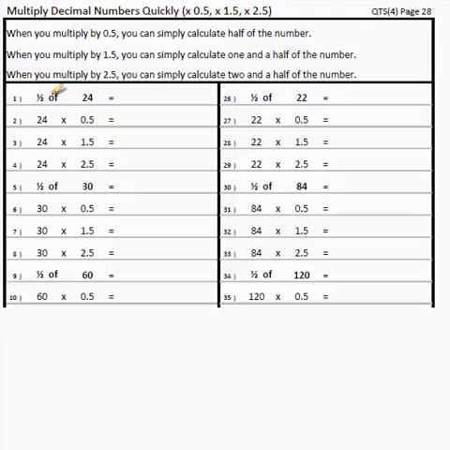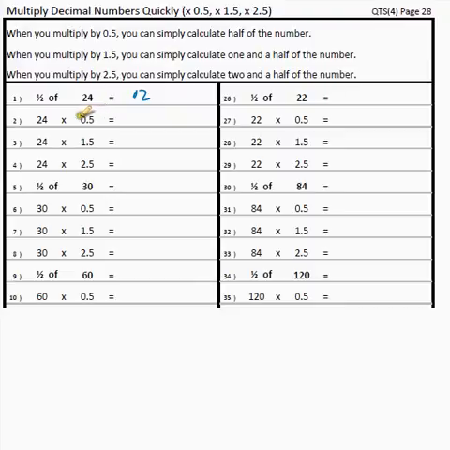So let's look at the example. If we think what is half of 24, most people know they just have to do 24 divided by 2, which is 12. The method I taught you before to do 24 times 0.5, you had to ignore the point, say 24 times 5, which would have taken a bit of time, and then put your point back.